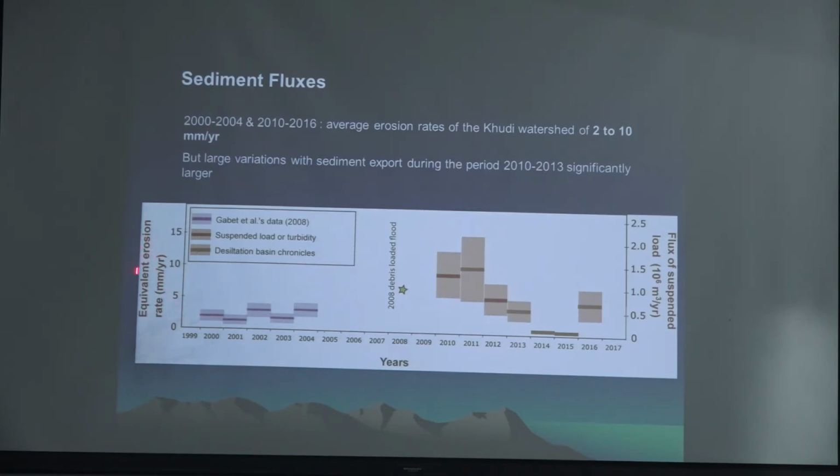So this is the equivalent erosion rate or sediment flux at the downstream part of the basin. And you see some history with relatively high rate. So we go from 2-3 millimeter per year of erosion up to 10 millimeter of erosion in the more recent year.